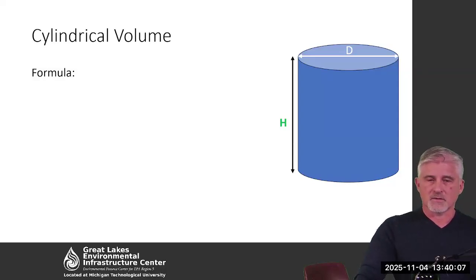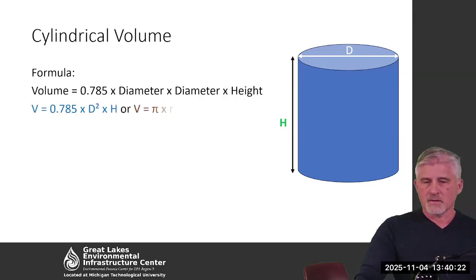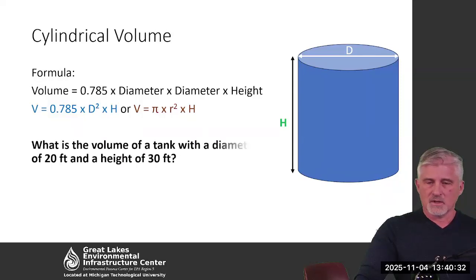Now let's look at the volume of a cylinder. For the formula for volume of the cylinder, we can go with 0.785 times the diameter squared, times the height. Or you can take the volume equal to pi r squared times the height. Once again, it's up to you which one you prefer.